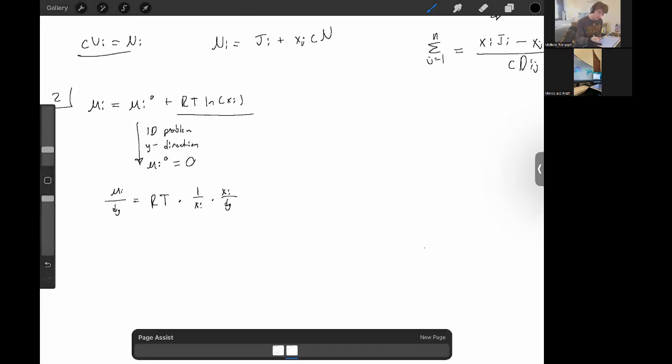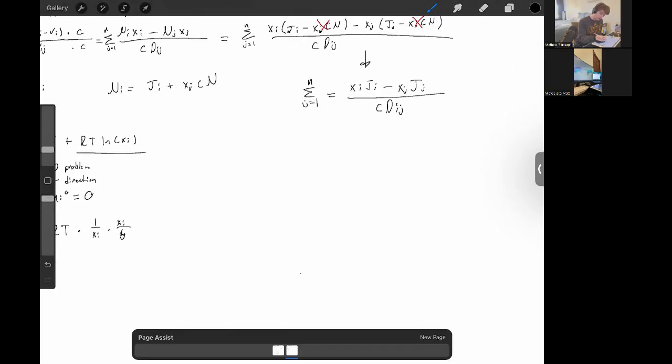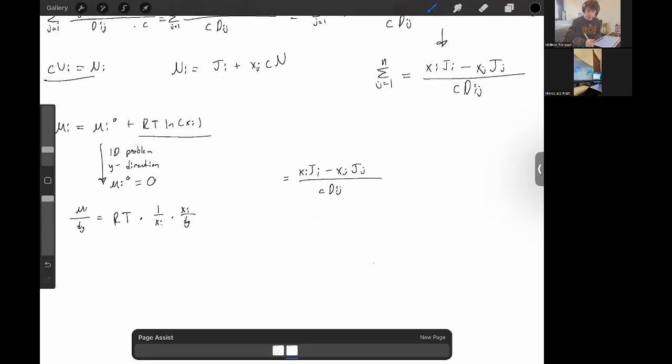So now what I'm going to do is take our diffusivity Maxwell-Stefan equation that we got from the previous part and show how this subs in. I'm going to copy this down. Our driving force in this case is going to look a little different.